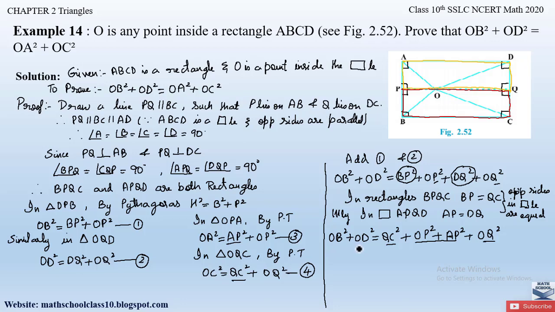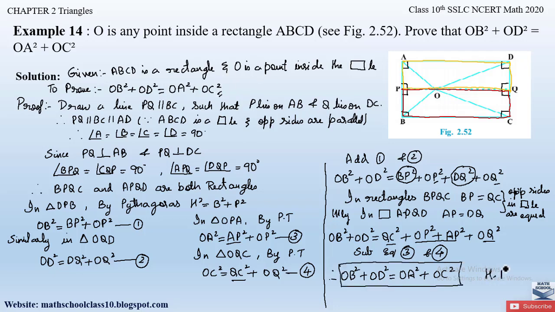So let us substitute equations 3 and 4. So we will get, therefore, OB square plus OD square is equal to OA square plus OC square. So this is what we had to prove initially, right?